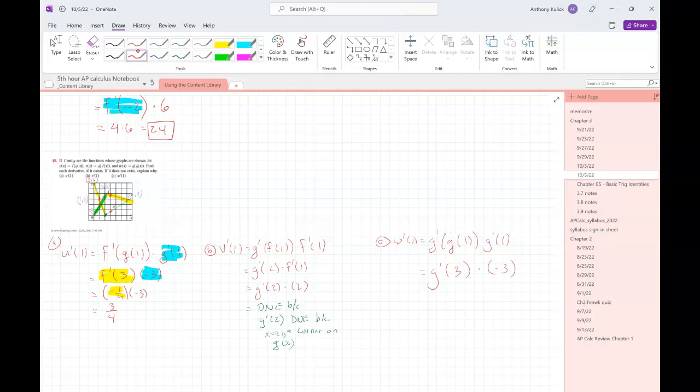Which is going from 2, 0 to 4, 2. So that's going to be 2/3.